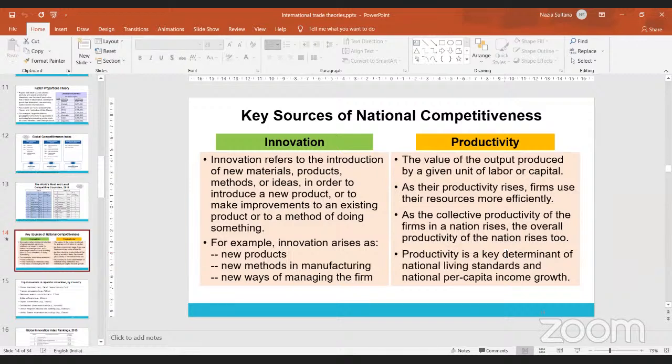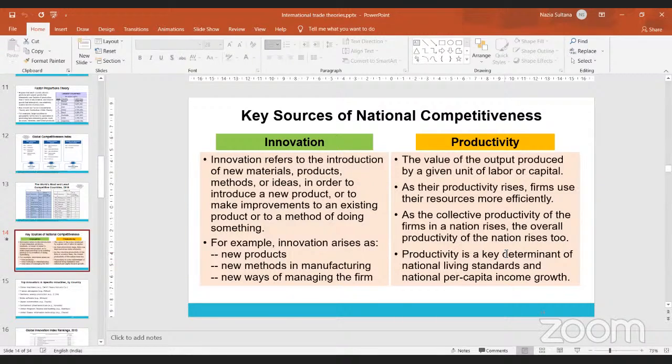So the source of a nation's competitiveness can be through innovation. You have the innovation theory given by Schumpeter. If you have seen the theory somewhere, well and good. But Schumpeter talks about the innovation theory in terms of how countries can innovate.